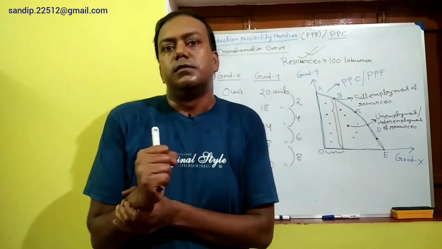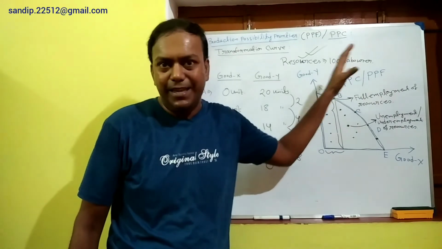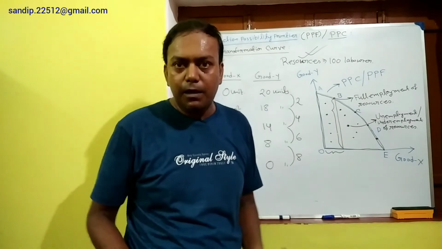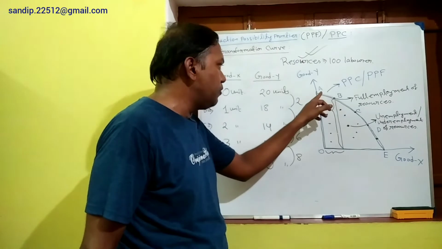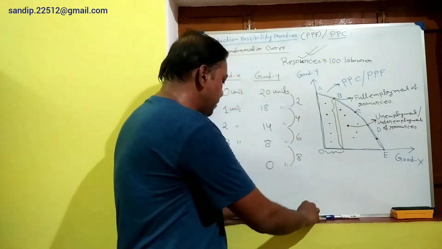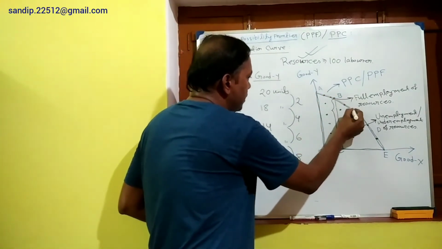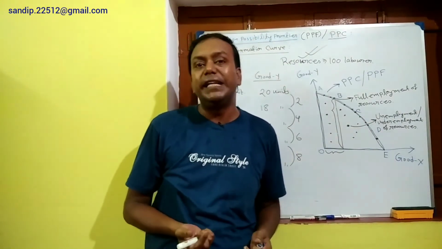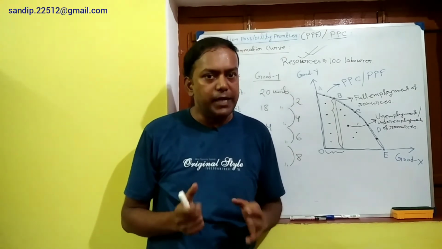So if we assume that a producer has 100 laborers, and he uses all the laborers, meaning all the resources, then the producer will always produce at a point which is on the PPC, where all resources get utilized, and it is called optimal or optimum utilization of resources.